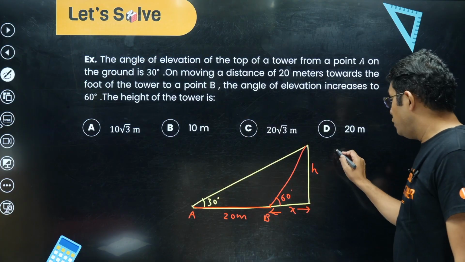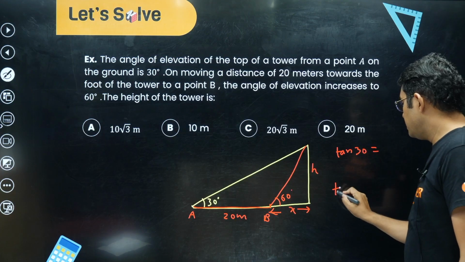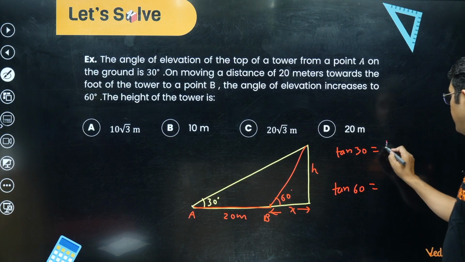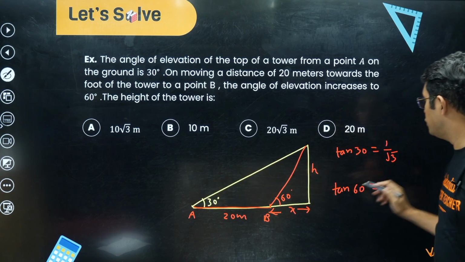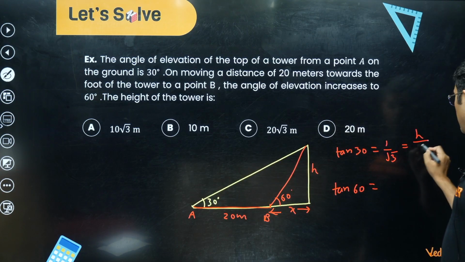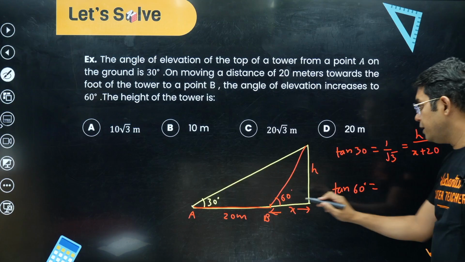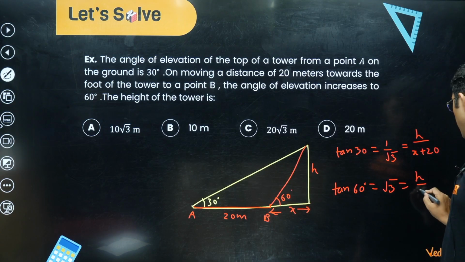In this you write tan 30 and tan 60. Only two things are needed. Tan 30 is 1 upon root 3 and tan 60 is root 3, which will be applied in this triangle. So it will be h upon x plus 20 for tan 30, whereas for tan 60 it will be root 3, equal to h upon x.